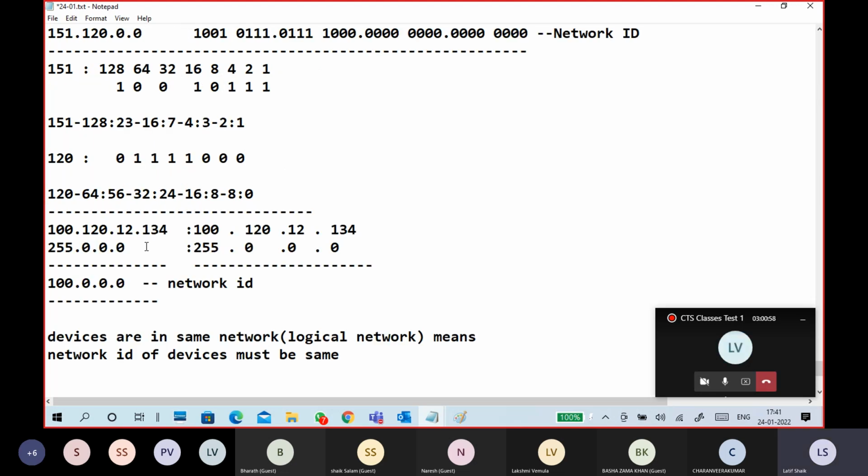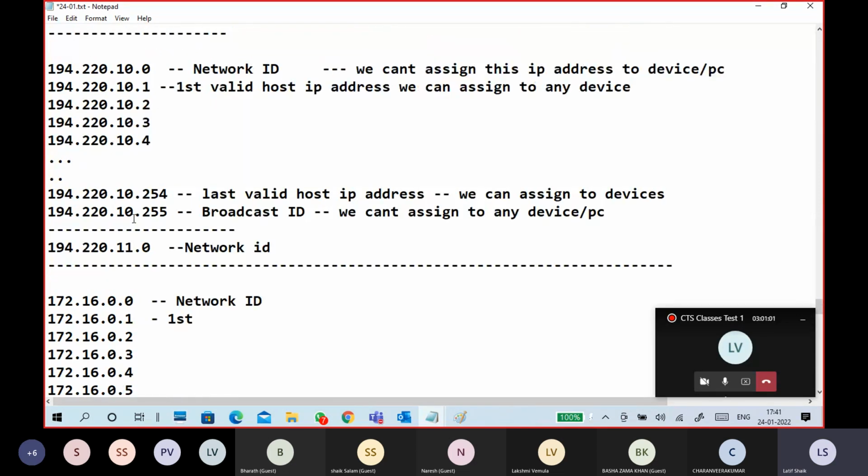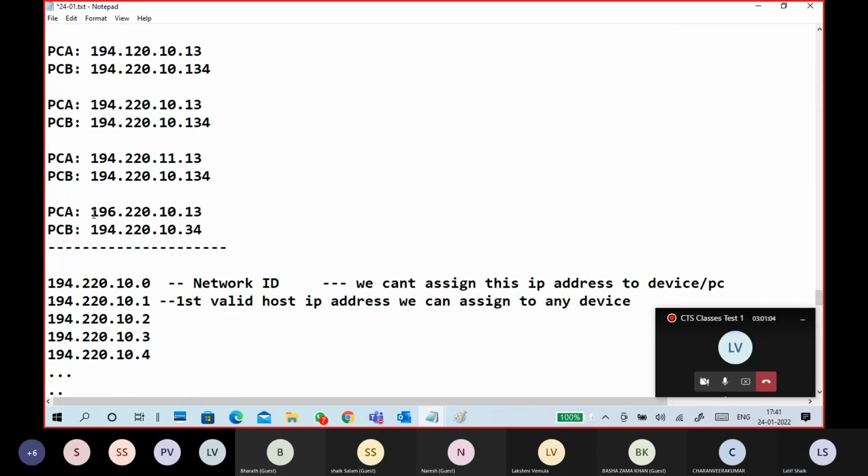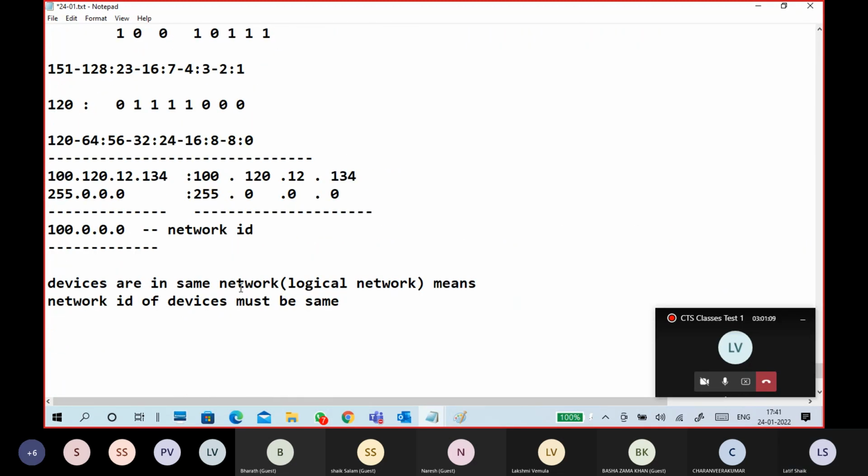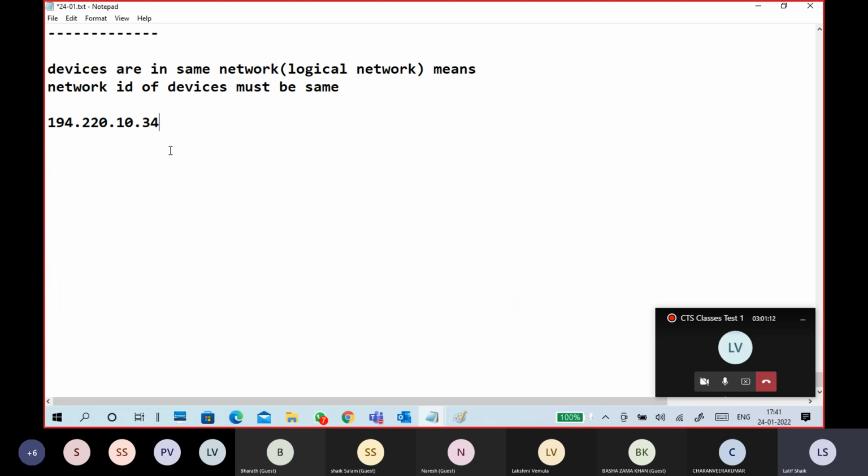I will take some class C kind of example, for easy understanding. Now tell me the network ID. Directly, 255, 194, 220, 10, 0. Very good.